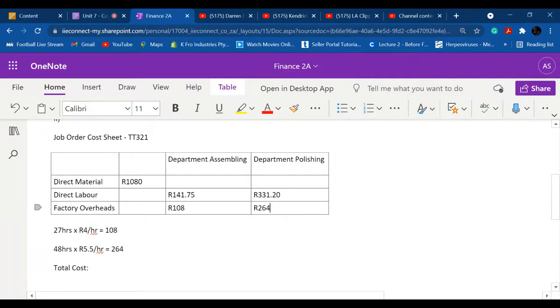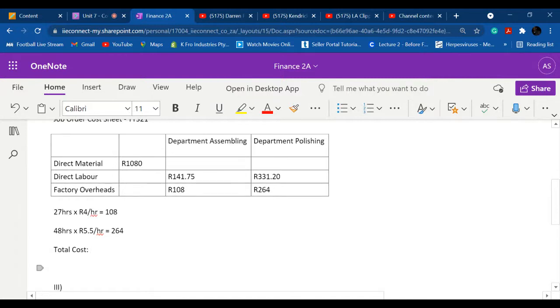Okay. So to add all those up, and we get our answer in terms of total cost.